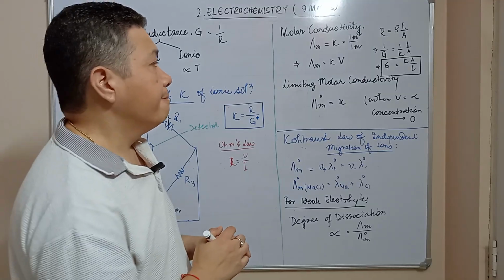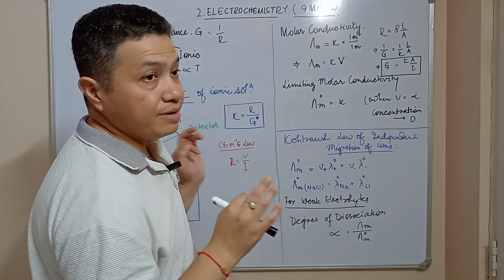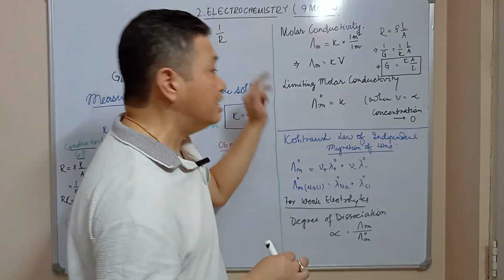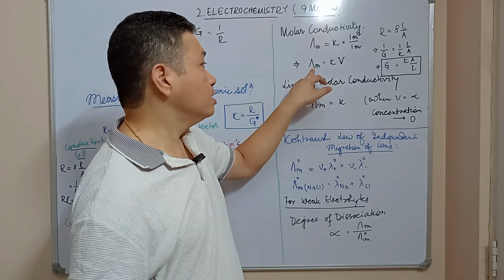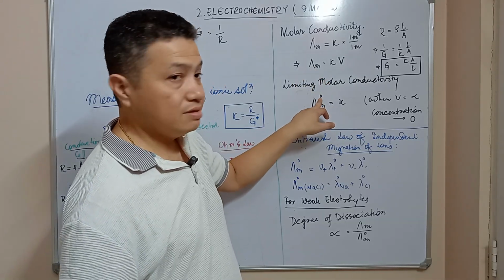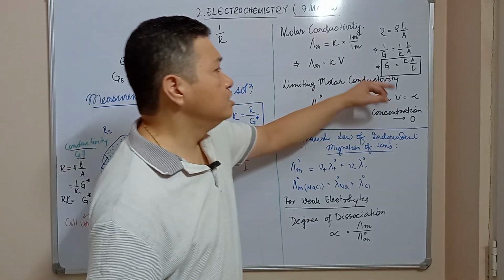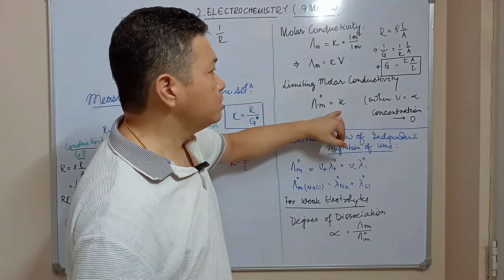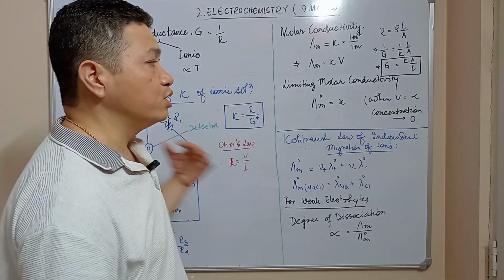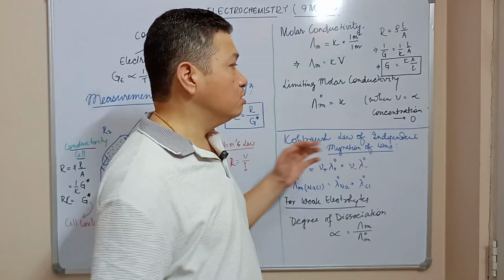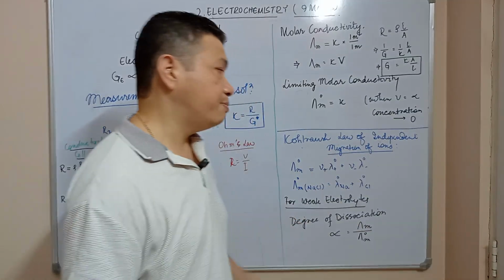At that time, the conductivity of the solution will be highest, and that conductivity is known as limiting molar conductivity. It is denoted by the symbol of molar conductivity with a knot above it as a superscript. So limiting molar conductivity is the conductivity of the solution when the volume approaches infinite volume, or the concentration is highly diluted, or concentration is zero. It tends to zero.